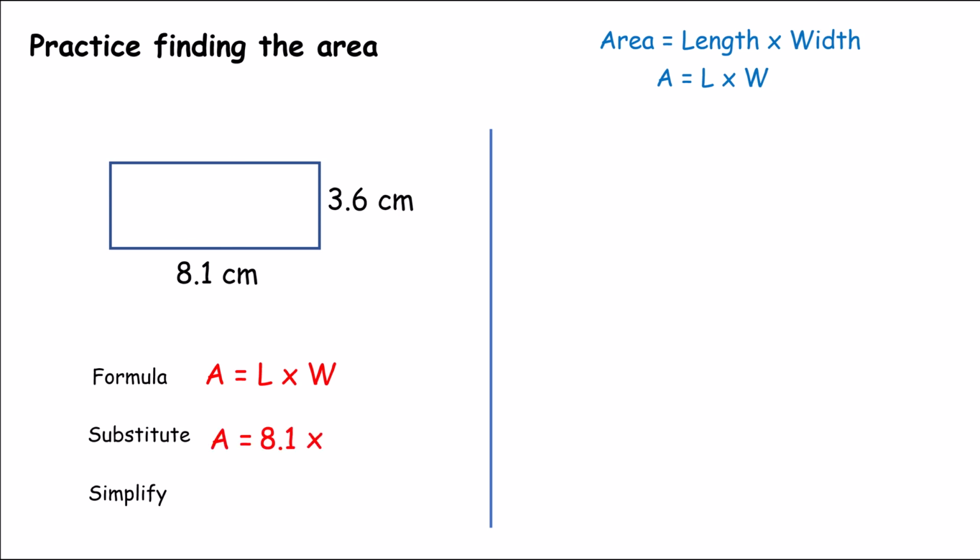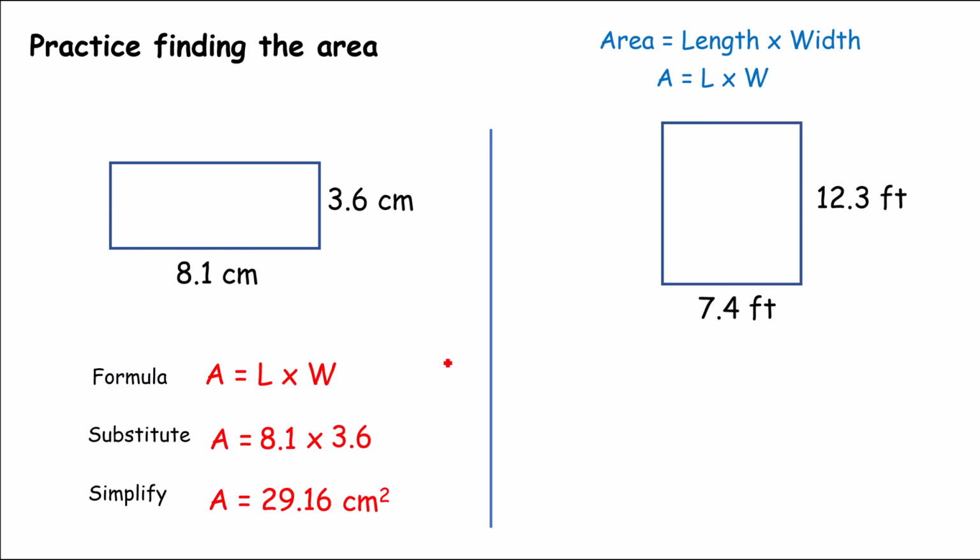I plug in the specific lengths and widths for this rectangle, and then I multiply those decimals together to get 29.16. What we're saying is that's the number of squares it would take to fill this if each square measured 1 centimeter by 1 centimeter. Notice the other examples, we're using inch squares. Centimeter squares are much smaller.